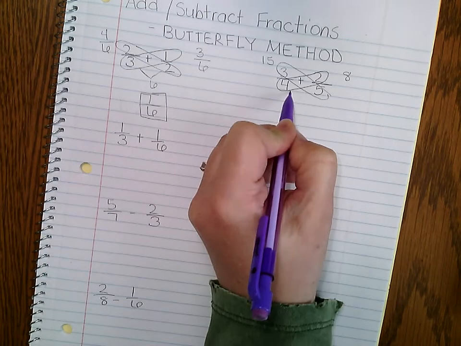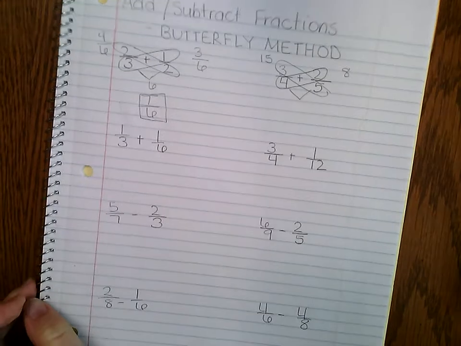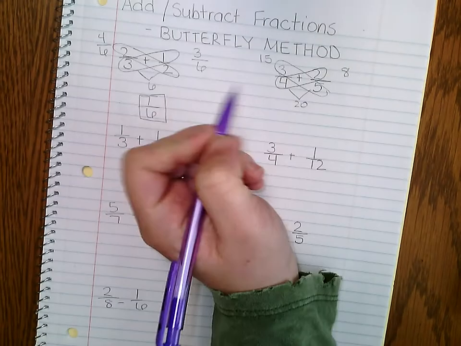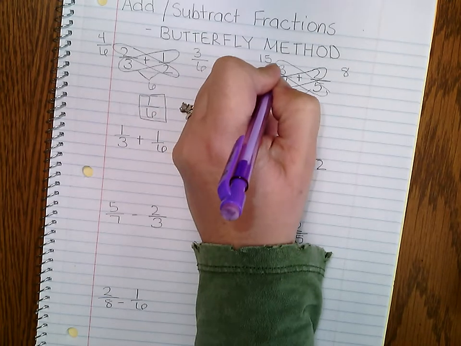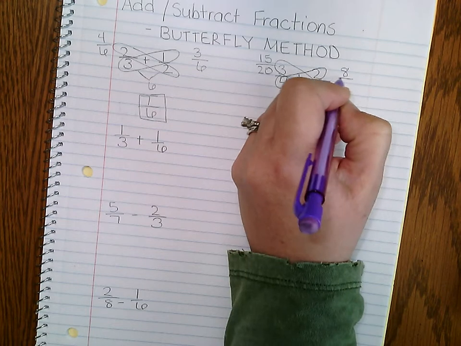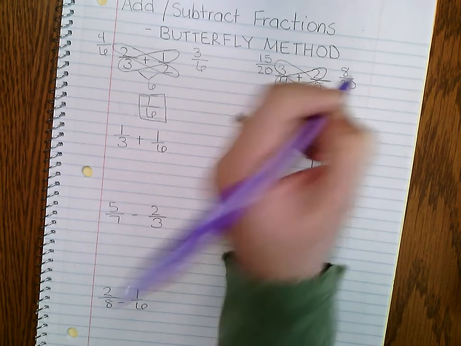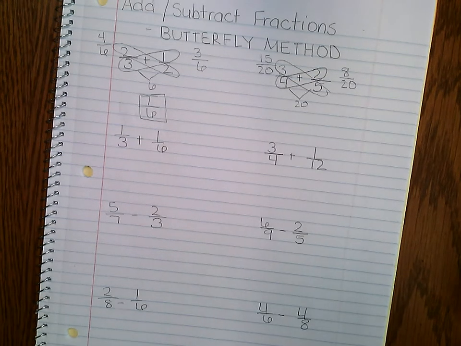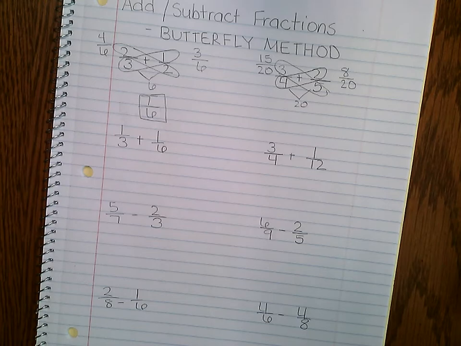I have to get a common denominator, so I'll multiply the ones I already have, and that gives me a denominator of 20. So I have 15/20 on this side and 8/20 on this side. So now I'm going to add 15 plus 8, and I'm not adding the denominators, just the numerators.